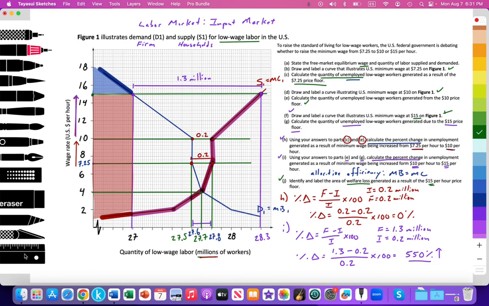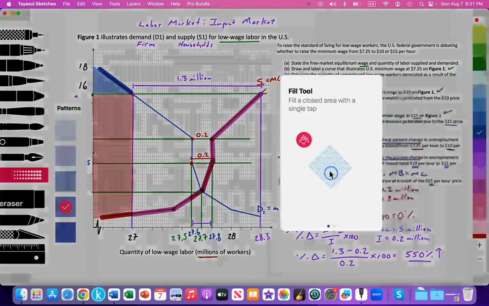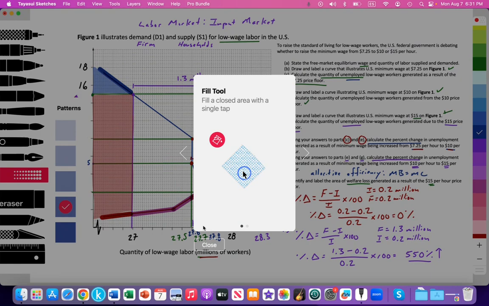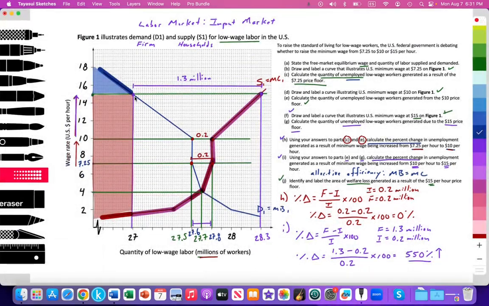Okay, so let's go ahead and identify the area of welfare loss. First, let's look at the lost consumer surplus, firms consuming labor. I'm going to highlight that. So what we would do is here we would have the continuation of firms able to consume labor in the free market all the way down to the free market wage.